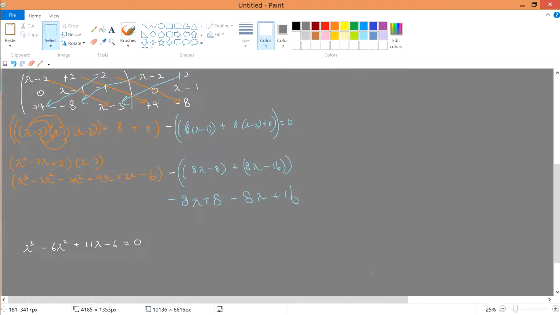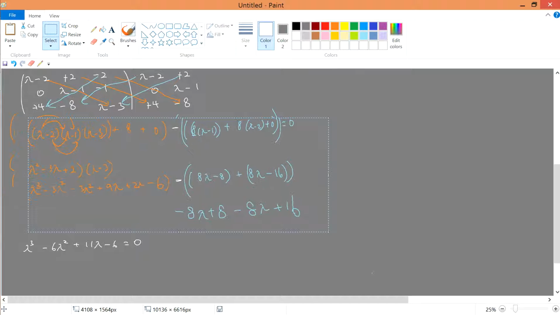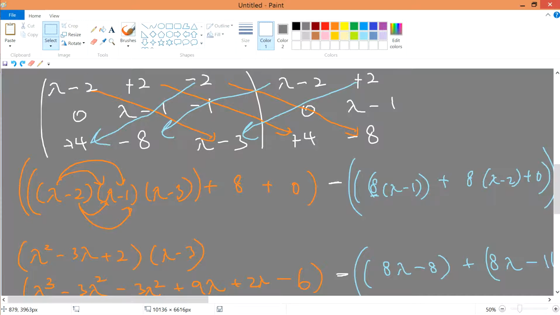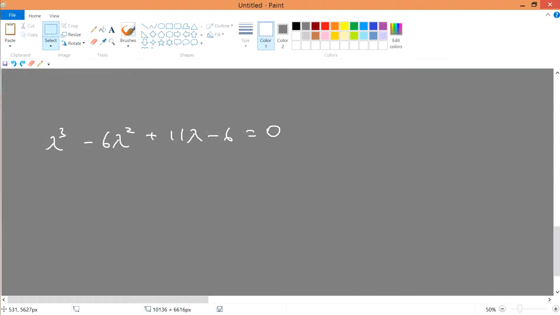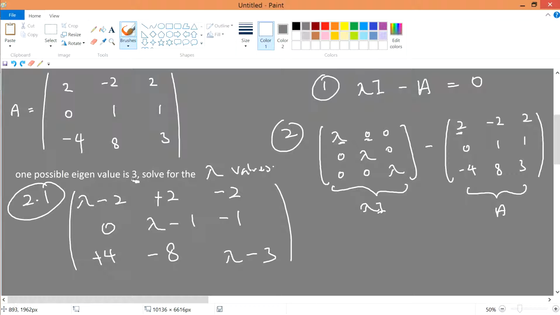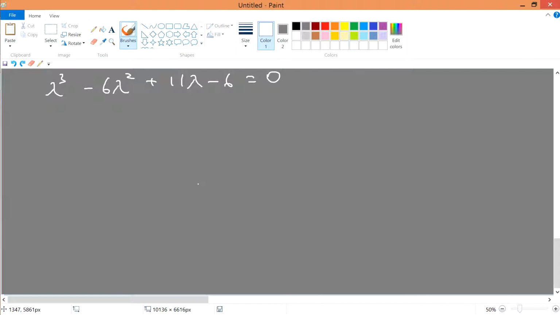These workings are unrelated to my answer over here, but this is the answer generally. So once you get this answer, how are you going to solve for the other two eigenvalues that I mentioned earlier? Because in the question they already tell you that one of the possible eigenvalues is 3. So how do you solve for the rest?